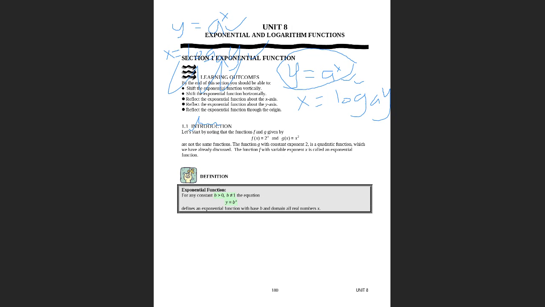Now, secondly, this base a has some properties that you need to know.